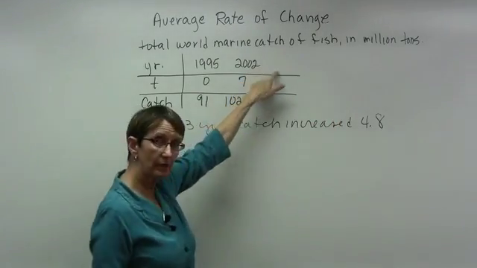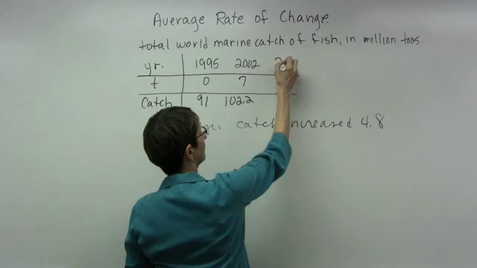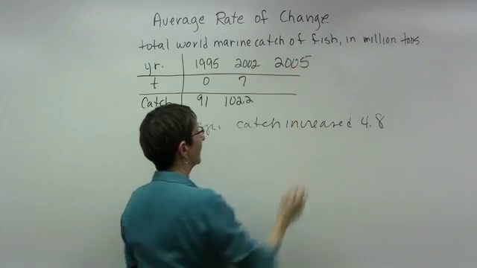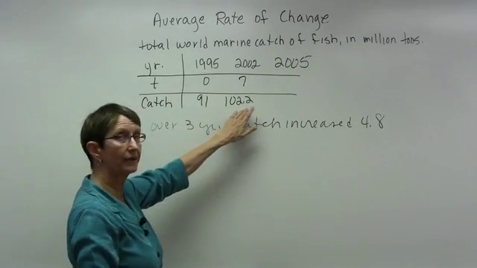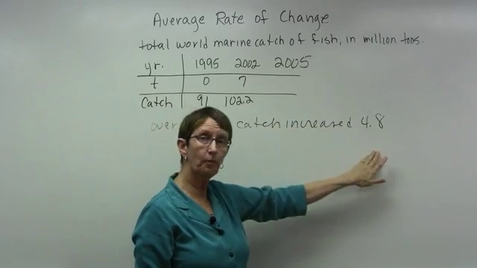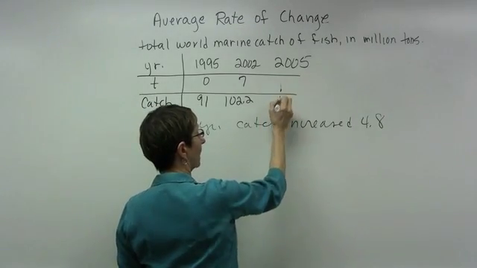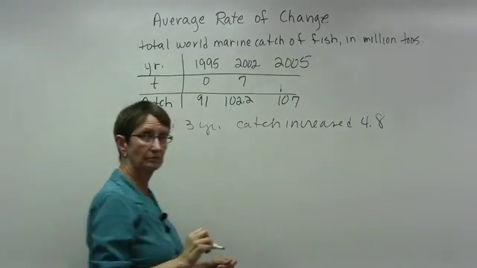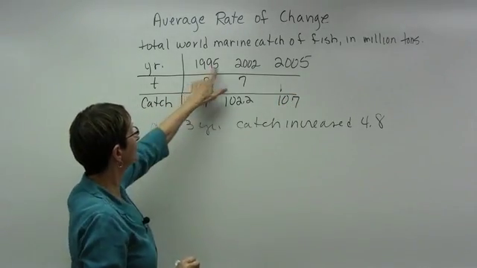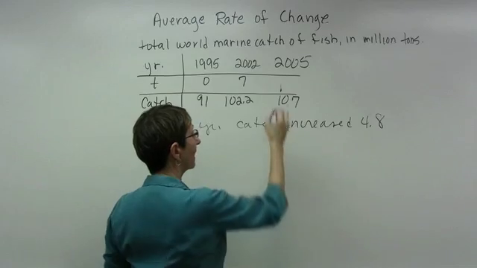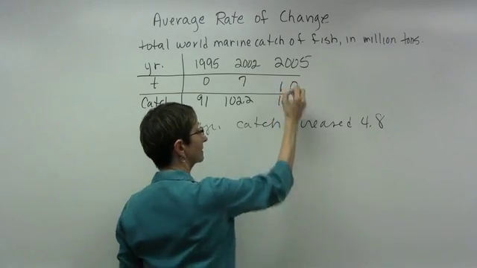So 3 years from here would be 2005. And from 102.2, adding on the 4.8, I now have in that year 107 million tons. And from 1995 to 2005, that would be year 10.